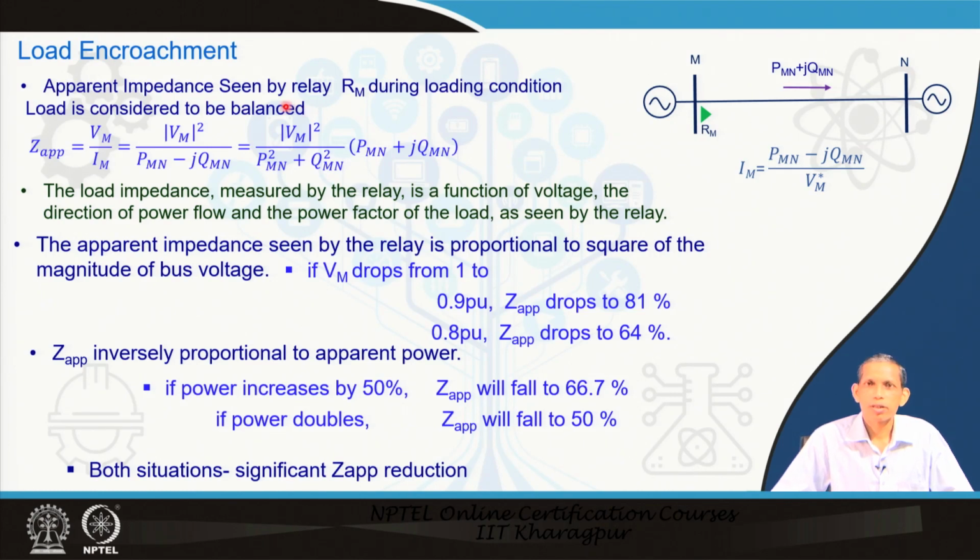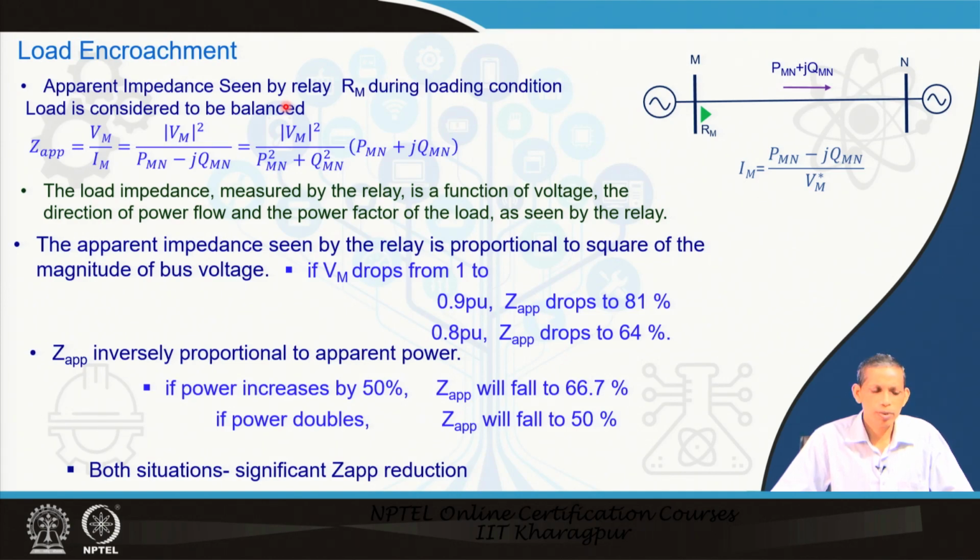This load, in the high voltage power system, is balanced in nature. So, the relay will consider this as a balanced situation, and whatever discussions we have made for a 3 phase fault, this will be a similar situation for the relay.